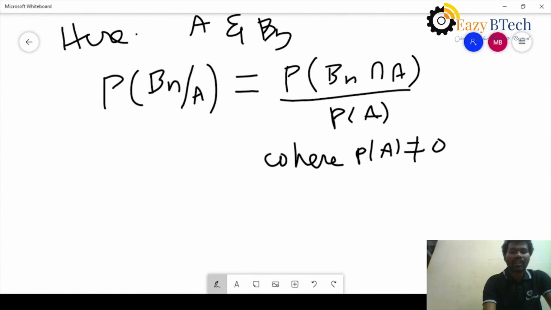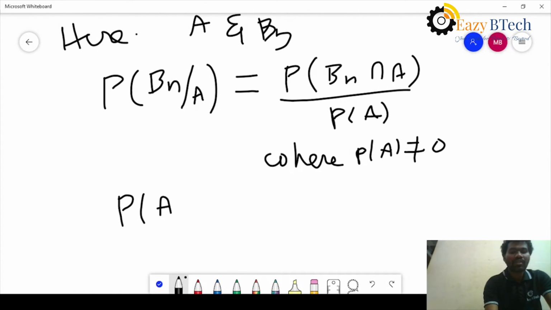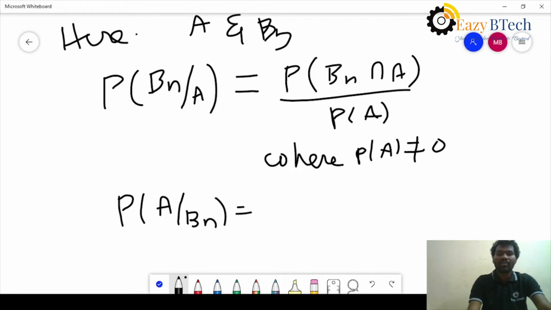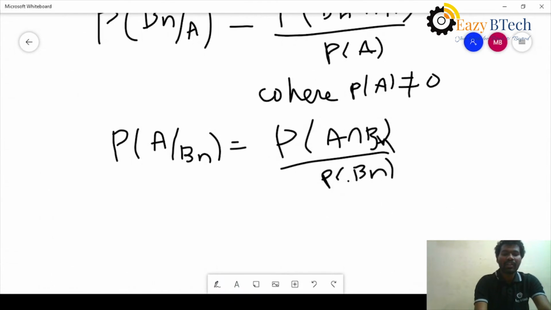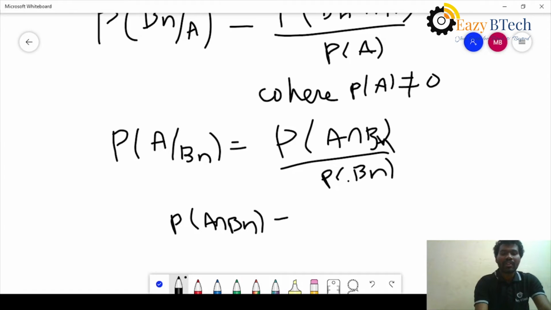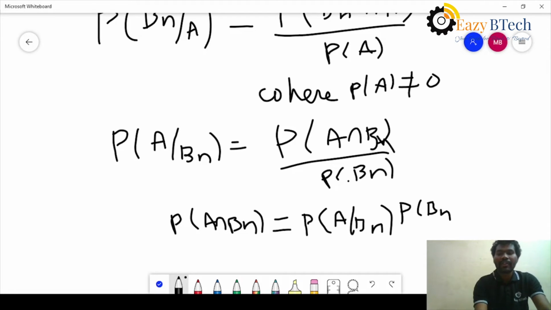In the same way, we can also know that P of A given Bn is equal to P of A intersection Bn divided by P of Bn. From this we can write P of A intersection Bn is equal to P of A given Bn into P of Bn.